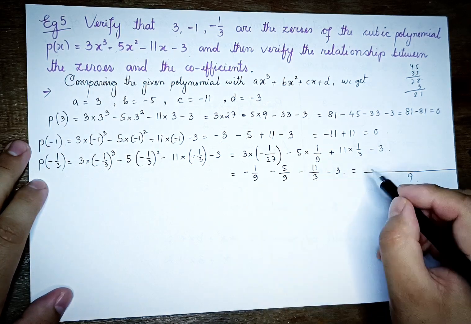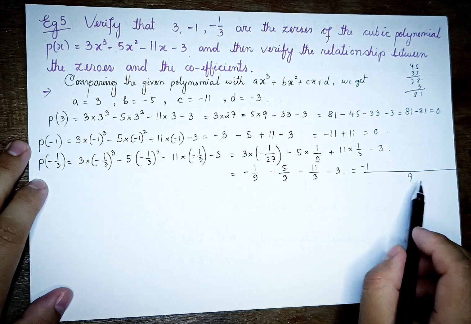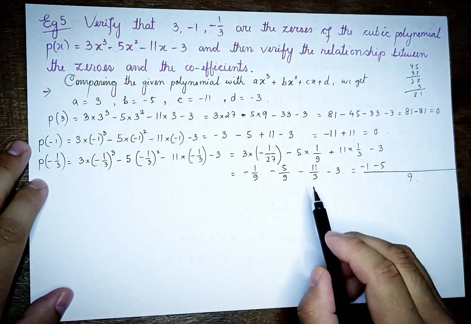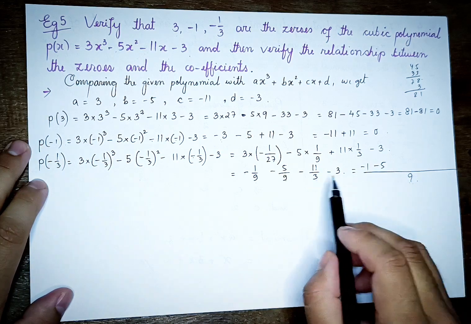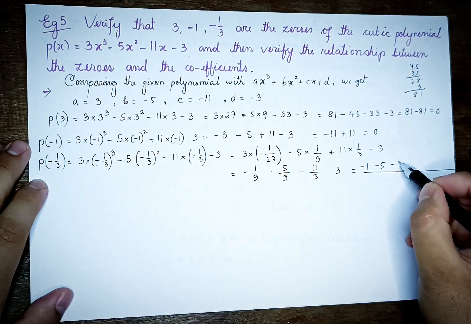Multiplying 1 with minus 1, we get minus 1. 9 divides 9, we get 1, and 1 with minus 5 gives minus 5. 3 divides 9, we get 3, so multiplying 3 with minus 11, we get minus 33.